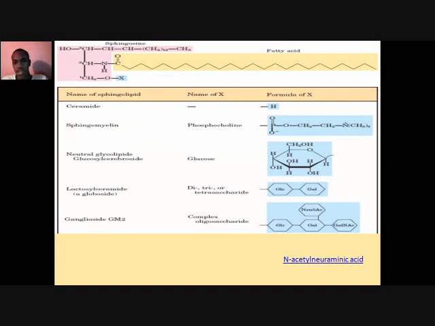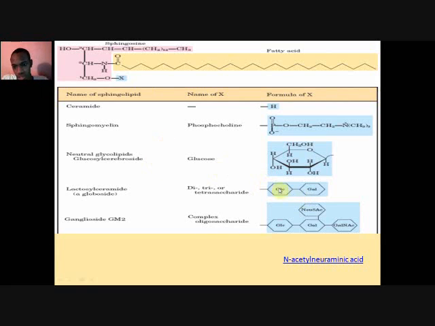Now this is just a table giving a brief summary of what we've been talking about. Here we have the sphingosine backbone. If just a fatty acid is attached to the second carbon where the nitrogen is present, we would call it a ceramide, and here the X would be an OH. If phosphocholine is attached, we call it a sphingomyelin. If a glucose or a galactose is attached, we call it a cerebroside.